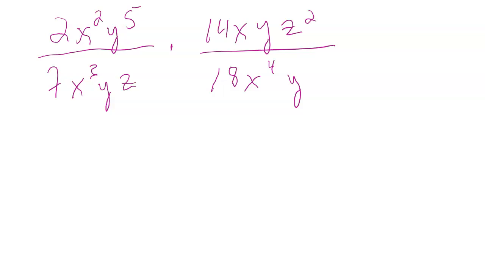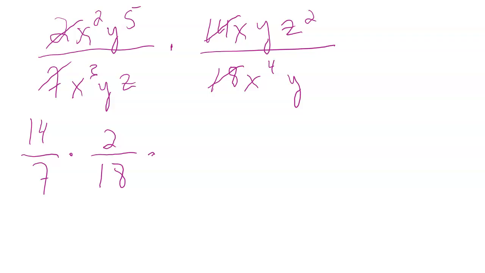So I'm going to do 14 and 7. Those look like good numbers to group with. Times, I'm going to do this 2 and the 18. Those look like good numbers to group with. I'm going to group all the x's: x squared times x over x cubed times x to the 4th.